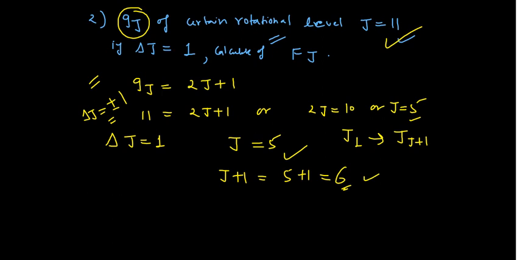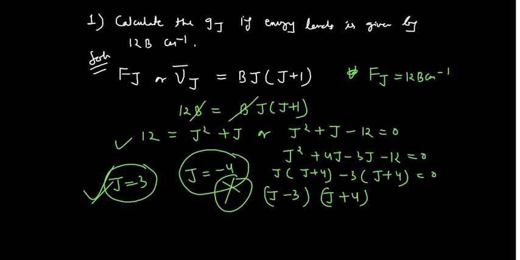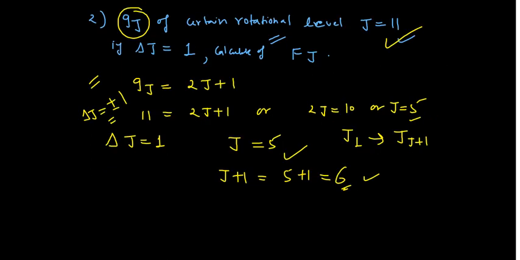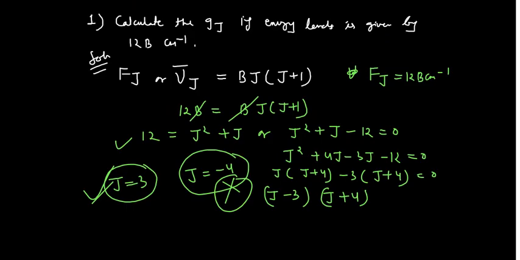Then you know, for delta Fj, you are having the formula on the previous slide, Fj equals to Bj times j plus 1. So you can write Fj equals to Bj times j plus 1. Okay, so this formula is a little different.